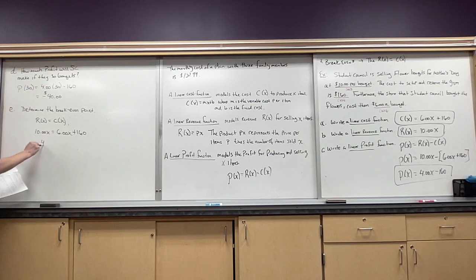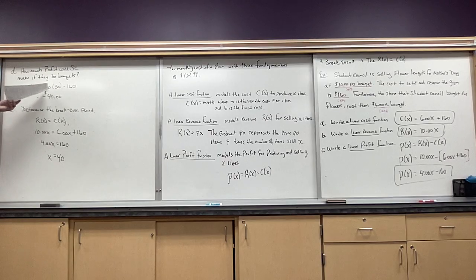So we'll subtract it over. And hey, this comes out nicely, and we get 40. So that means, and could you figure it out without doing this? You could probably guess just by looking at it that 40 would be the break-even point. So right here, let's interpret it.